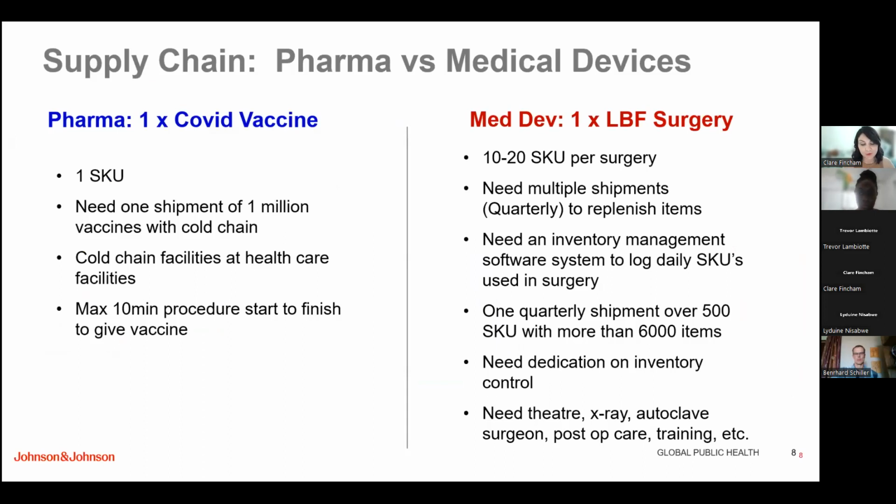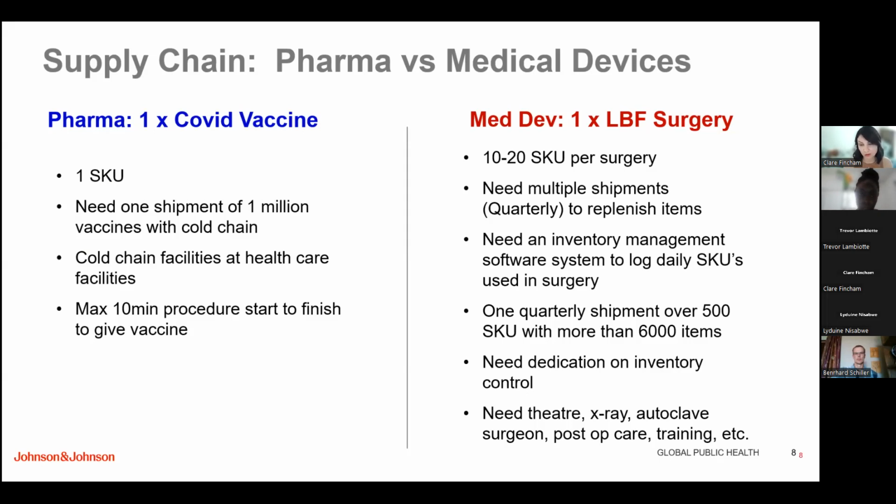Now, in the pharmaceutical world and the medical device world, supply chain is very, very different. So just to give you a very broad, high-level overview of how different medical device supply chain can be: say, for instance, you want to have just one COVID vaccine. You work with one SKU.